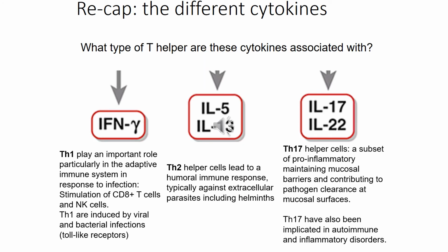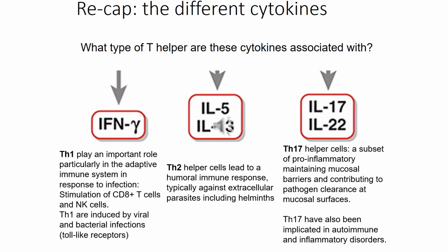So just to do a very quick recap of the different cytokines. The interferon gamma is associated with Th1 function, and it is mostly a response to intracellular and viral infection. The Th2 is leading to a humoral immune response, and it's also in particular activated by parasites or helminths.